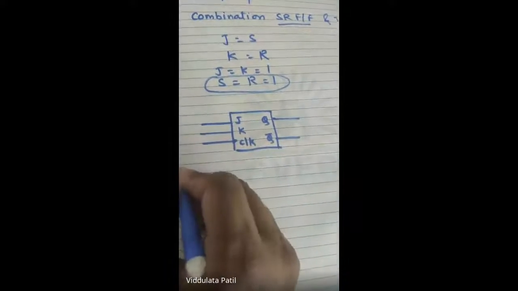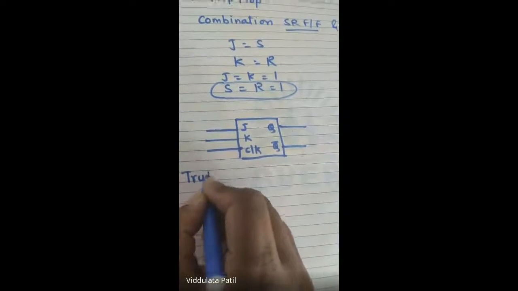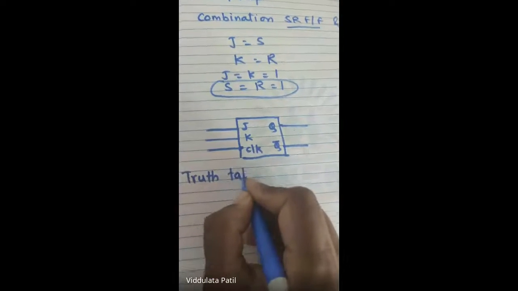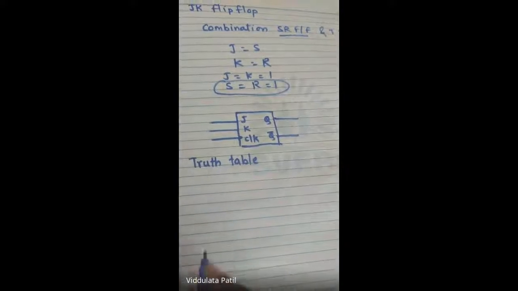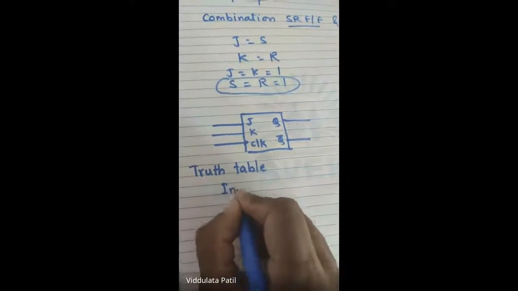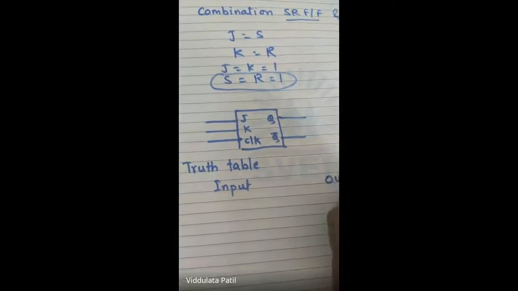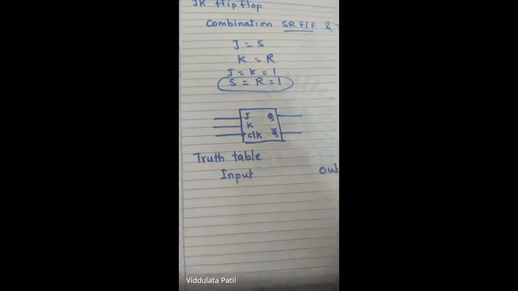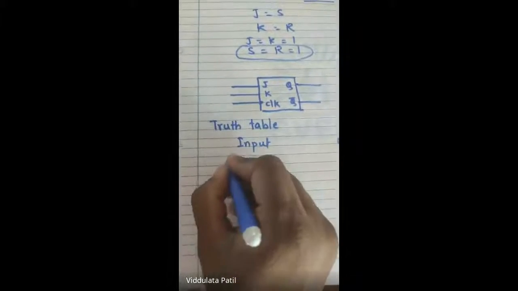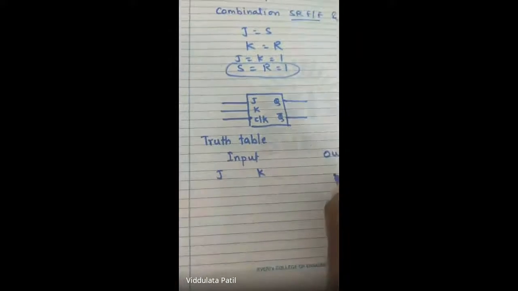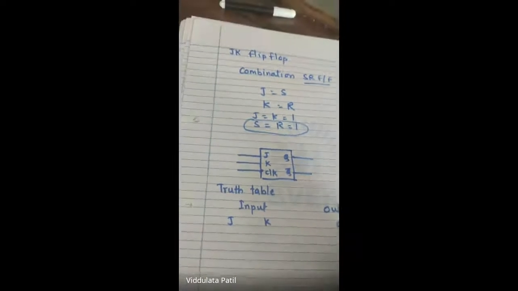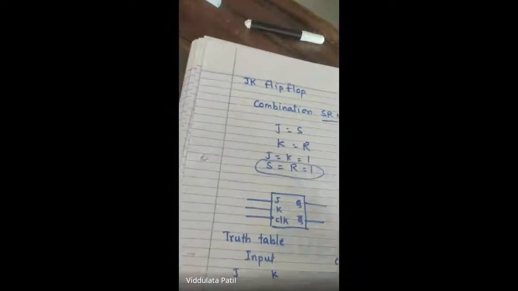Okay. So let us see the truth table of this circuit. Okay. So inputs and output. So two inputs J and K, and let us consider only one output, that is Qn plus 1.